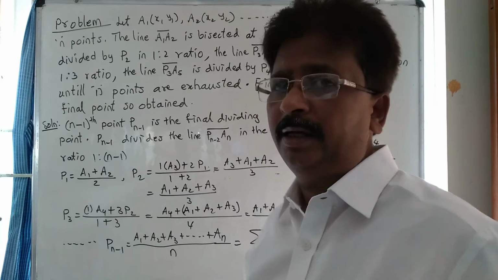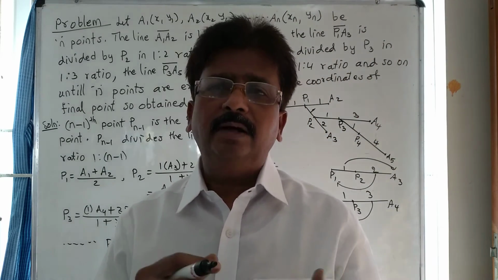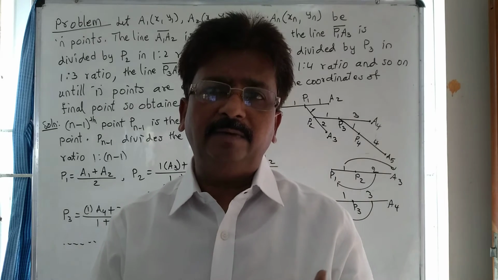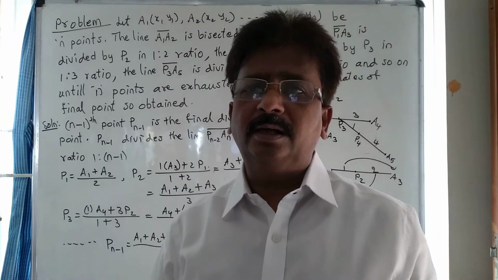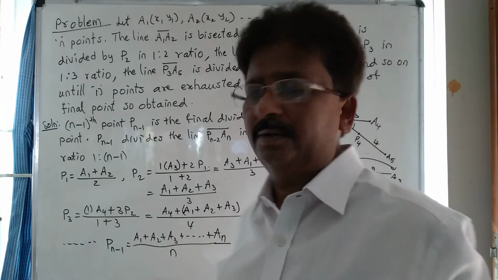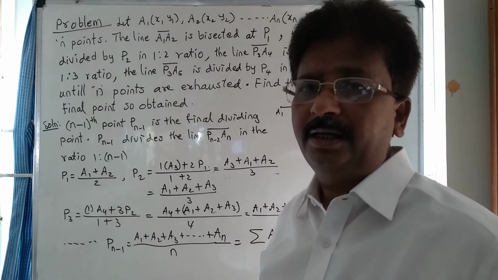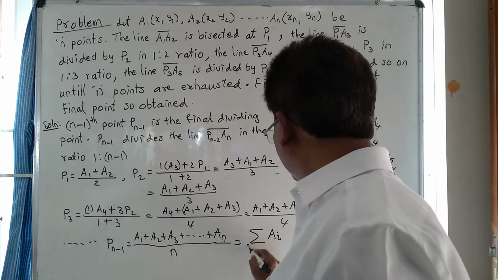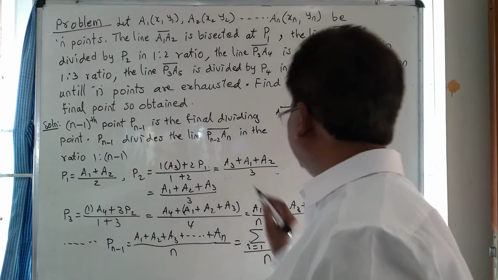The changing value is the suffix. The suffix starts from 1 and ends with n. Therefore, I will identify this suffix by i, Ai. Here i changes from 1 to n, and divided by n.